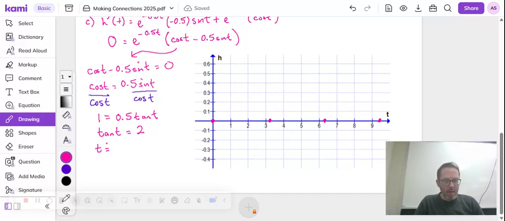I've been doing grade 11 math, so I need to get out of degrees mode and into radians mode. Shift tan of 2. I got approximately, I'll go to 2 decimal places, about 1.11. How about you guys? All right. That is the first critical point that we're going to have.